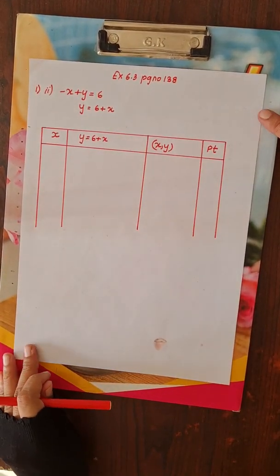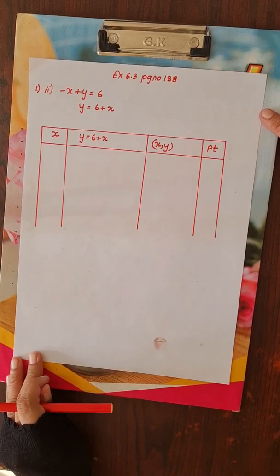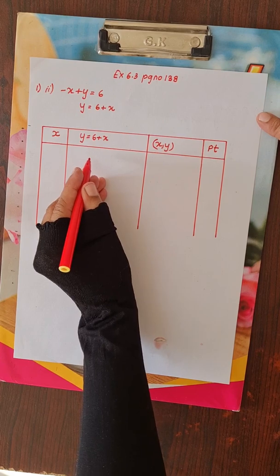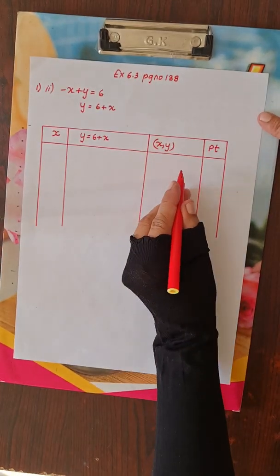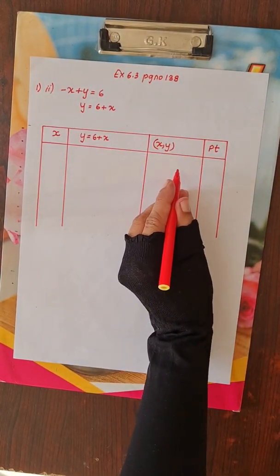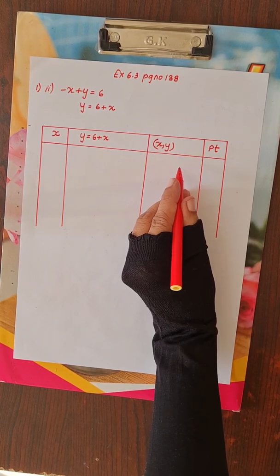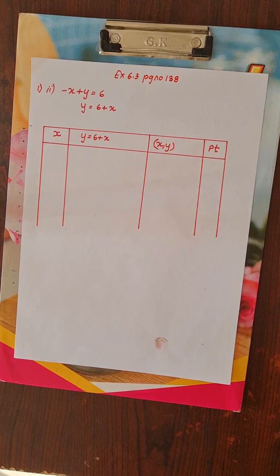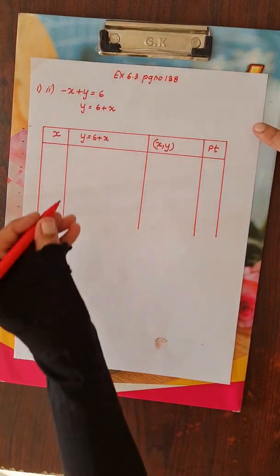So first we are going to use the equation, assume the values of x, find the corresponding values of y, then jot down the values of x and y as coordinates in the xy form, and use the numbers to plot the points on the graph. Okay, let us do that.